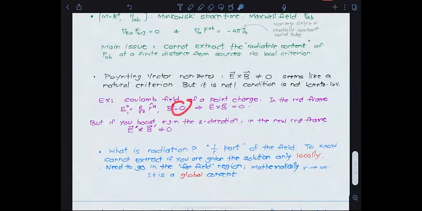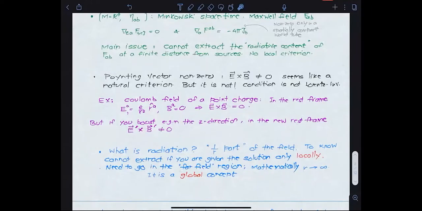And of course, because B is equal to 0, E cross B is equal to 0. But if you boost this charge in the z direction, then you will find that I get a new E prime and a new B prime, and E prime cross B prime is not equal to 0. The Poynting vector in the new frame is not equal to 0.